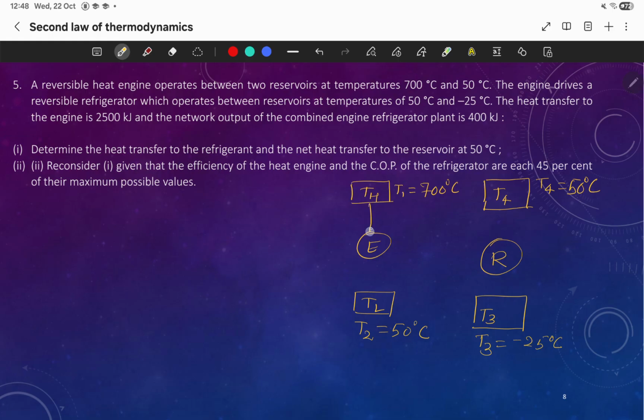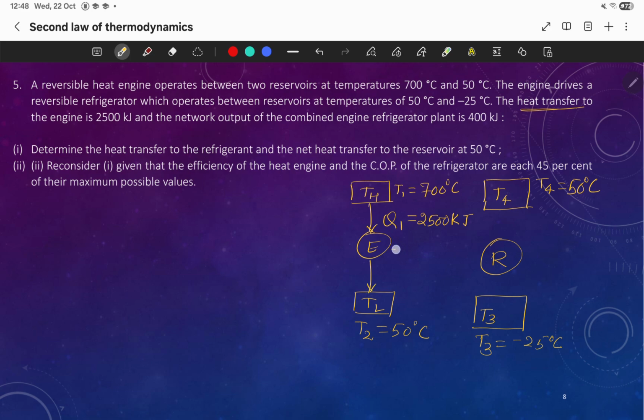So here it is given that Q1, the heat transfer to the engine, is 2500 kilojoule, and the net work output of the combined engine refrigerator plant is given.